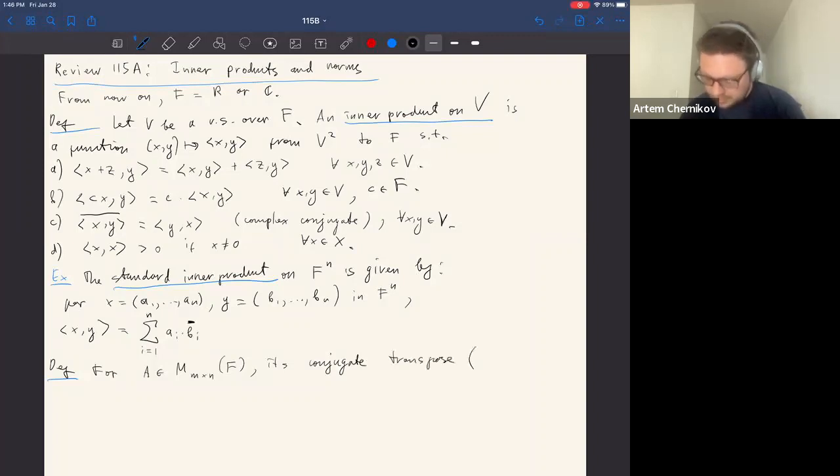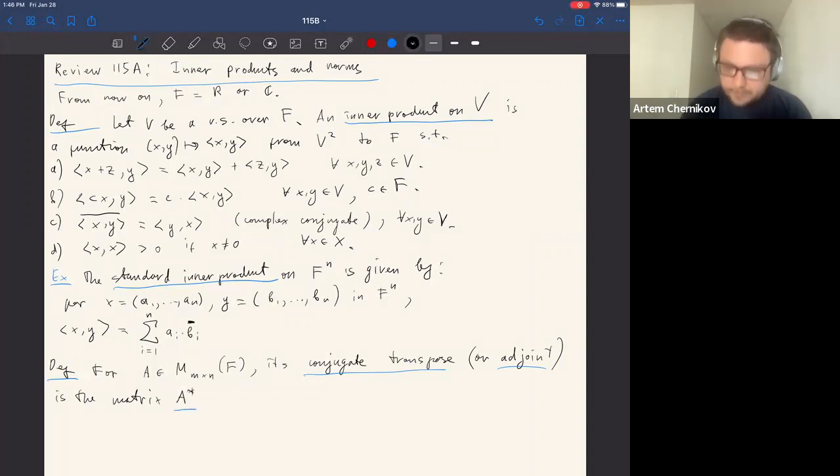Sometimes synonymously one uses a joint matrix. So a joint, these are two synonyms in the literature. This is the matrix which we denote as A star. Let me write here A star, where the entries of this matrix are given by the following formula.